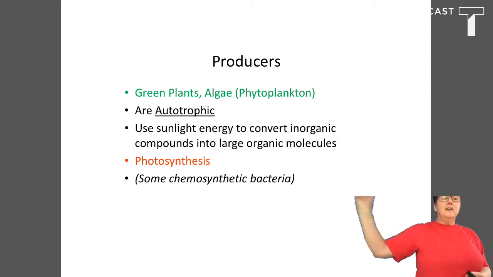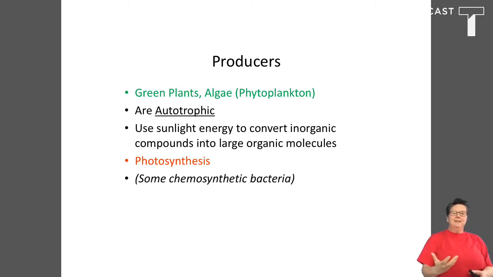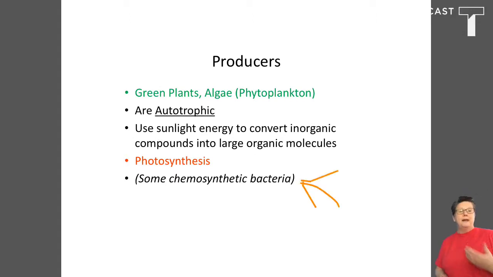So photosynthesis is this ability for these organisms that can convert sunlight energy into large organic molecules. And organisms that are capable of doing this are referred to as autotrophic. All right, and I put a notation down at the bottom of this list here that this also can include some chemosynthetic bacteria, because chemosynthetic organisms actually use chemical energy to do the same sort of thing, convert inorganic compounds into large organic molecules.